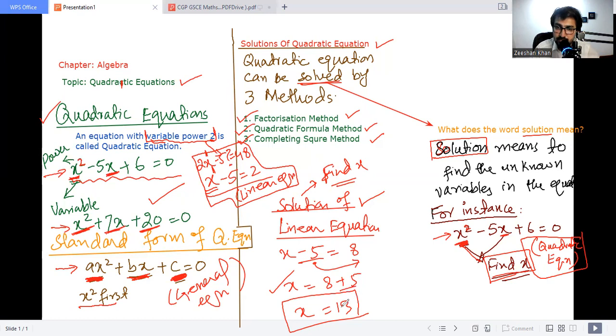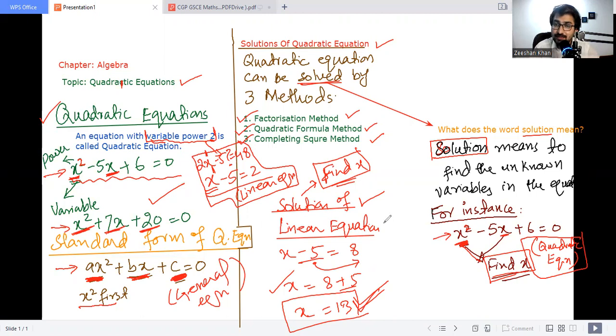So 8 plus 5 is 13, and we get that x is equal to 13. It means x is 13. So we have found x. We got the value of x. We solved the question for x.